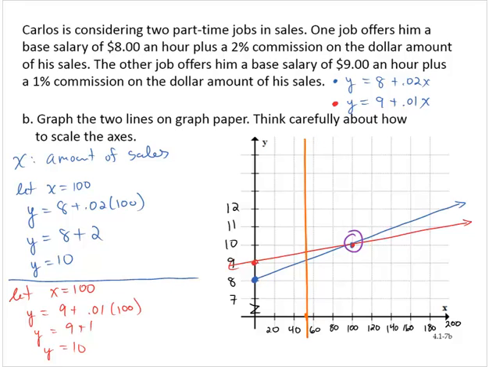So if we look at those 2 points, if he's only going to average $54 in sales in an hour, which is the better job? Well, it looks to me like he would want to take the job that would pay more. And so for $54, I think we should go with job 2.